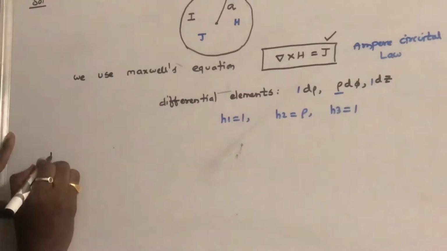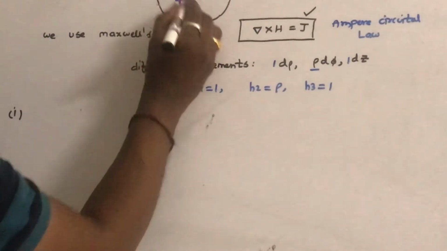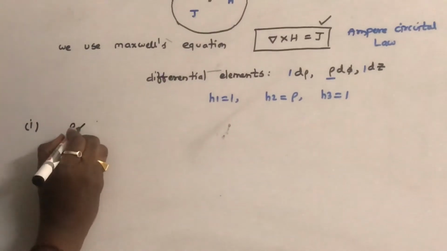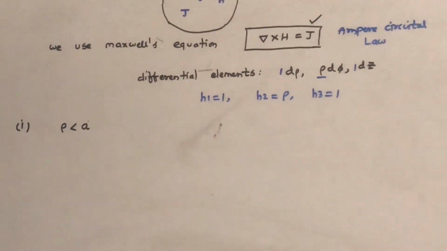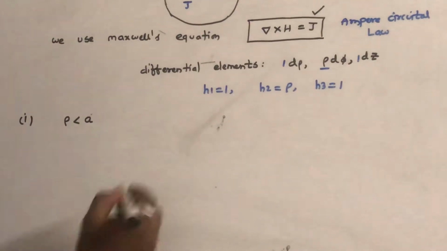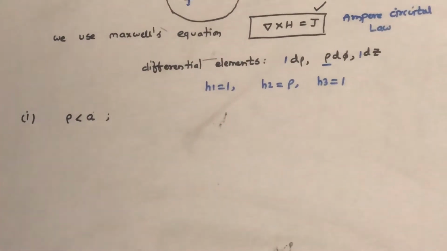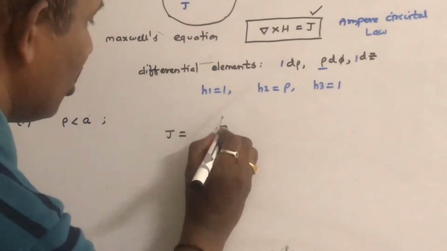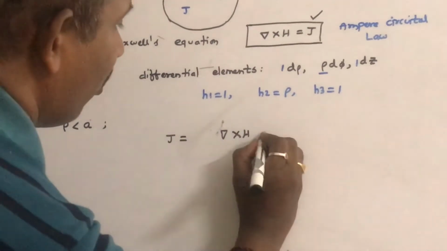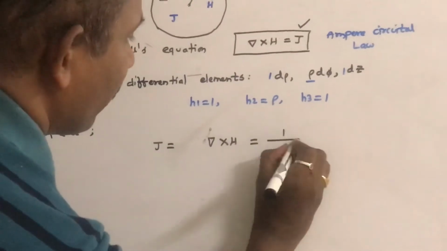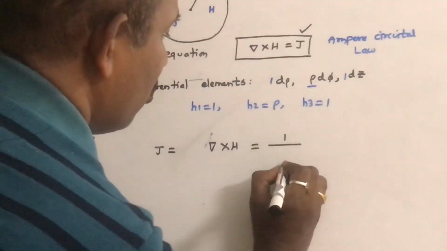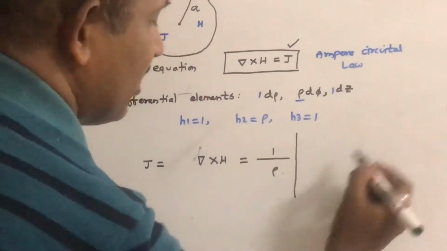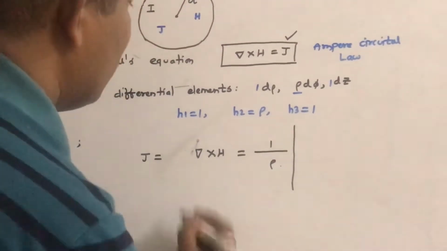Now let us take the first case. What we want to find out is J inside the conductor. So J is written as del cross H. Write the formula of del cross H, that is 1 by h1 h2 h3, so that is 1 by rho, multiplying the first row by h1, h2, h3 and the last row by h1, h2, h3.